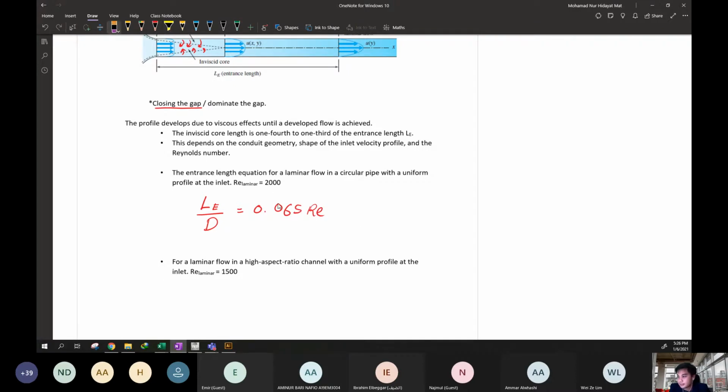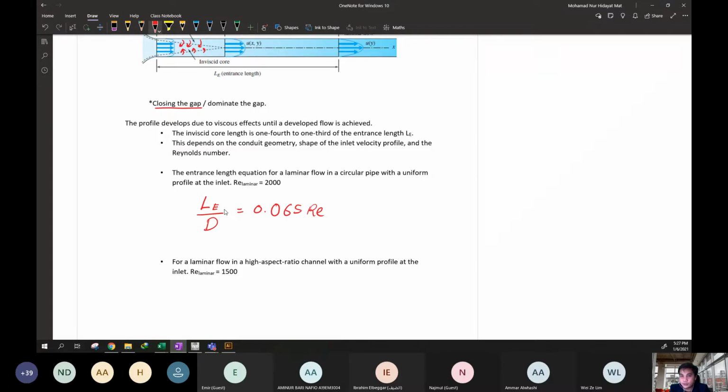This is when you consider it as a laminar flow. When the flow is laminar, which is around 2000, you just substitute the value of the Reynolds number, multiply with this number, and then multiply with D, and you will get the entrance length. You notice that this is dimensionless.